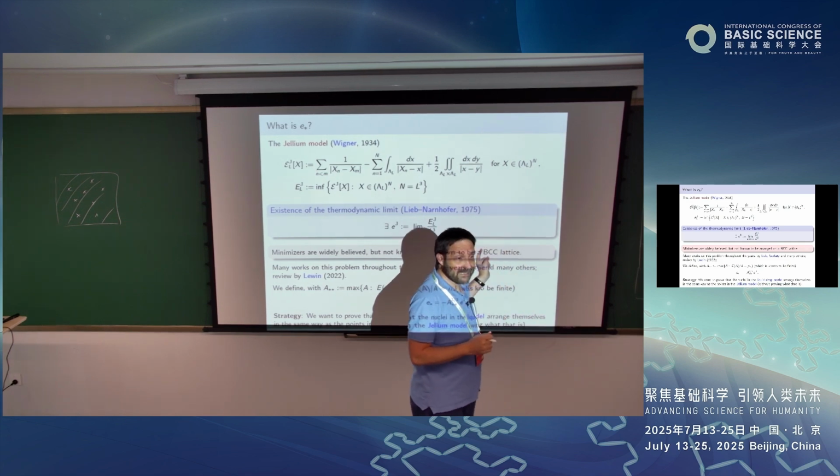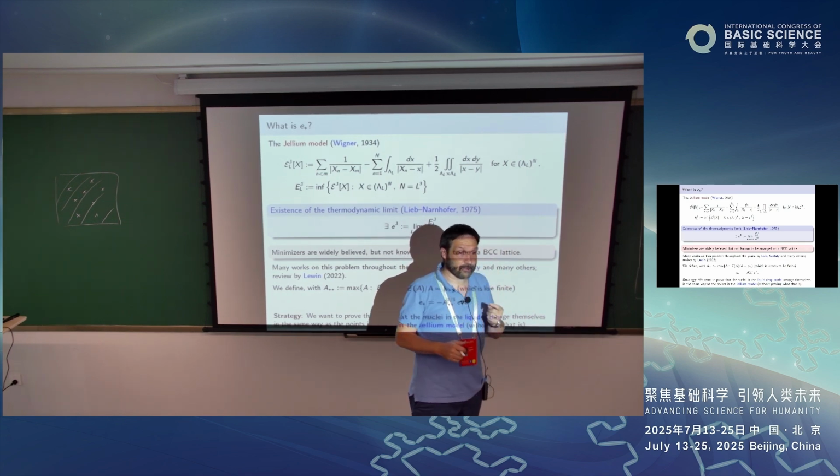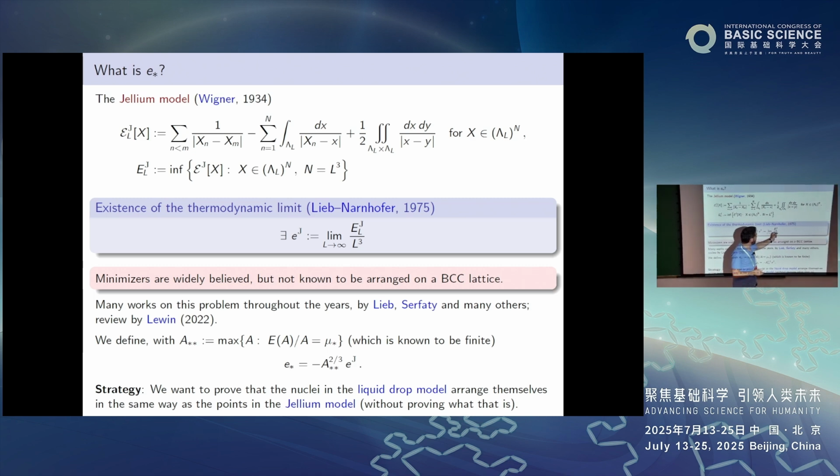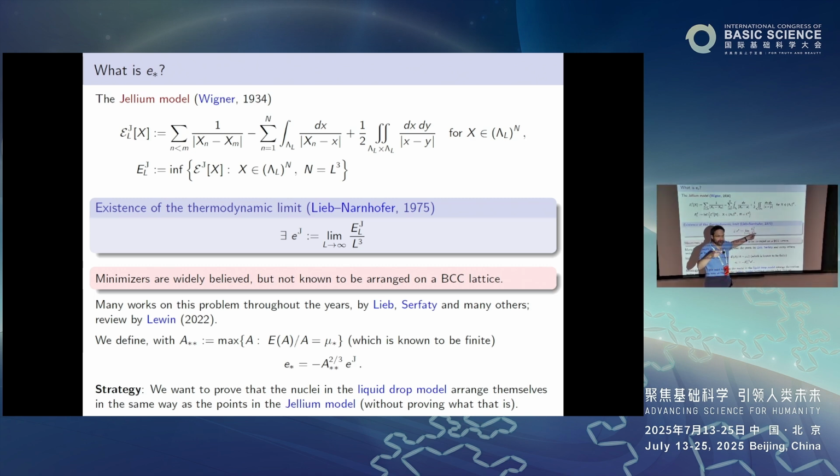Dimension 3 is different. In dimension 3, you have two good candidates, the BCC and the FCC lattice. And it can be either one, this one or that one. And the numbers are very, very close. But by now, I think people believe that it must be BCC.